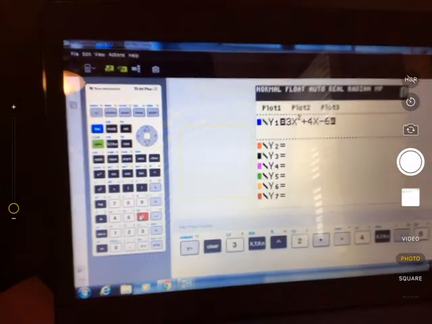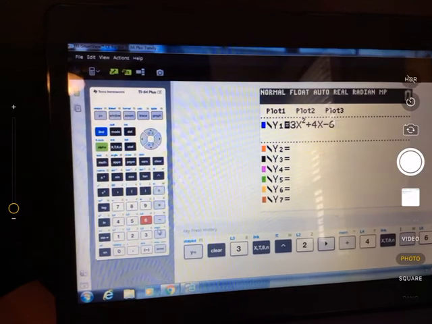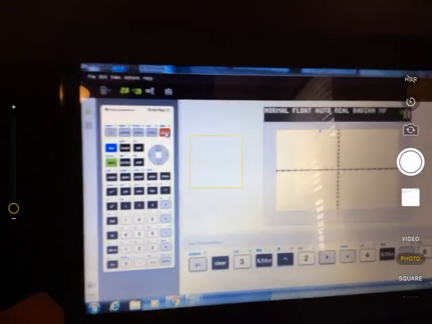Okay, so there is what we have on our y equals, and then we are going to enter that in, and we are going to go ahead and graph.